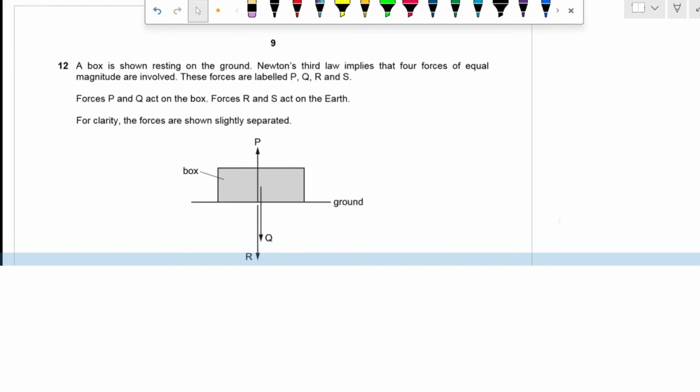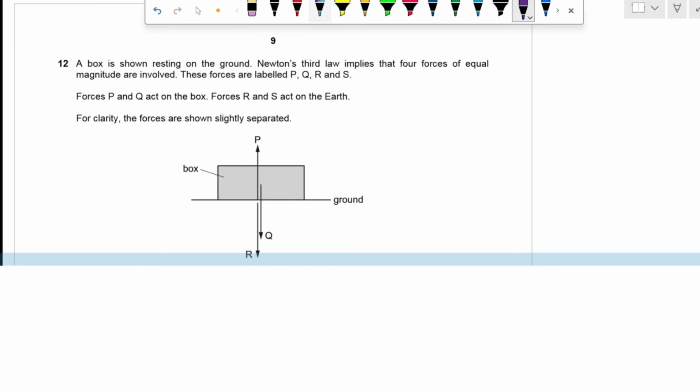So in this question we have 2 pairs. If we have Q, which is basically the force that the earth has, so it's the force of earth on box, sorry. And then S is going to be the force of box on earth.